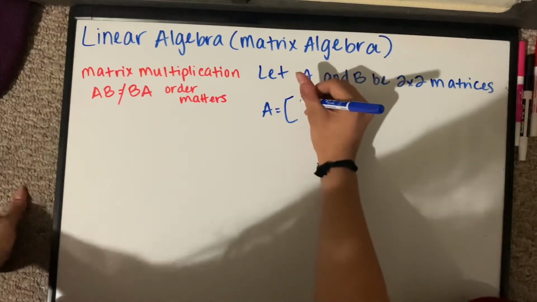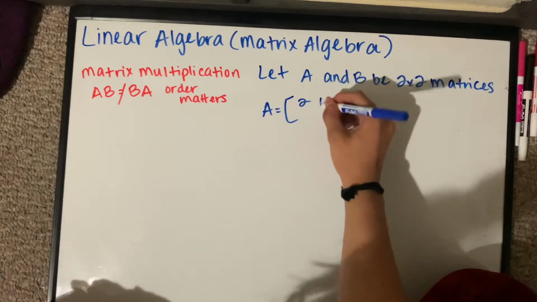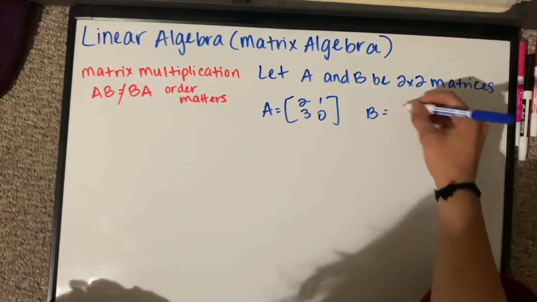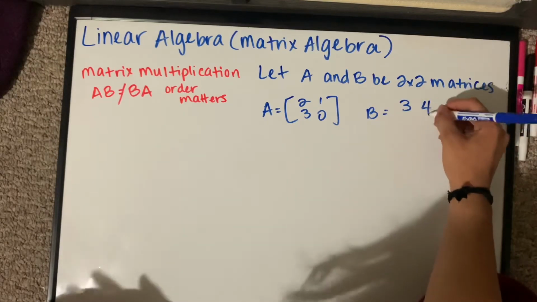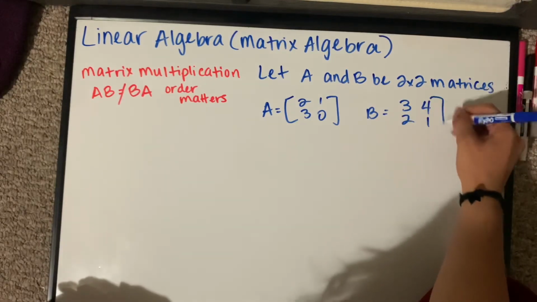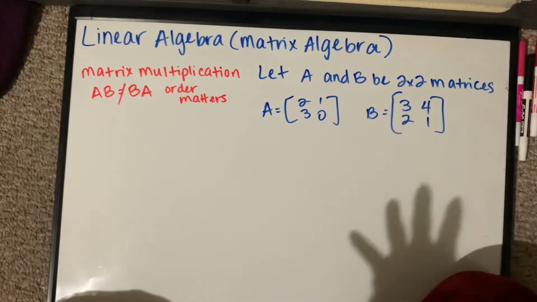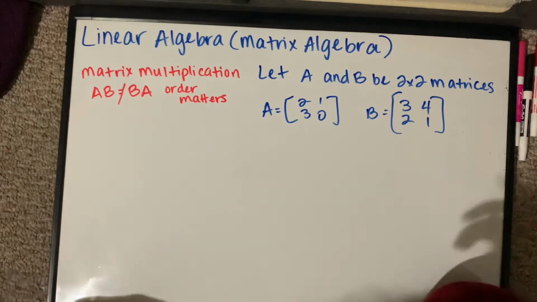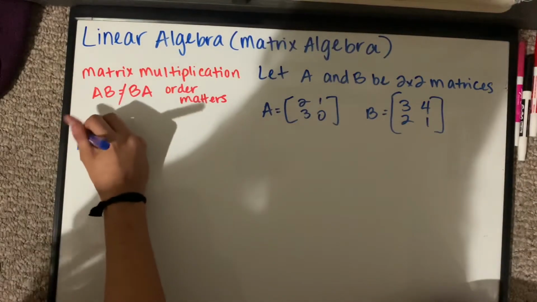So we have A and B, two 2 by 2 matrices, nothing too crazy. Now we're going to calculate AB.